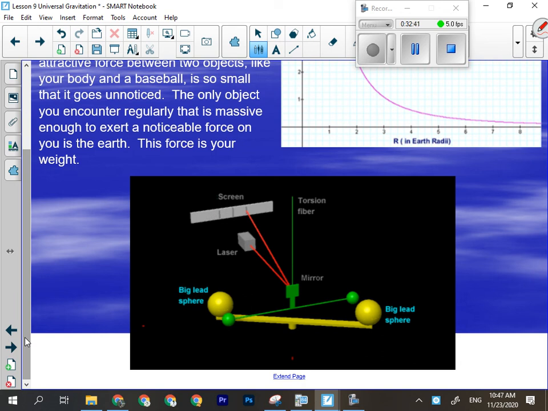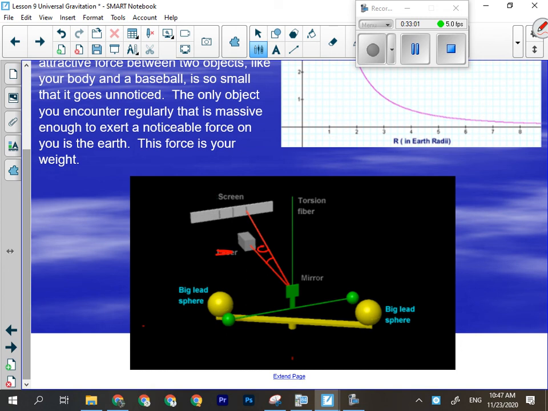Obviously he didn't have a laser, because this is the 1700s. But he took a light beam, through a hole in a piece of paper, and shot it towards a mirror that was attached to the torsion fiber. As this thing started to move, he was able to measure the angle it changed by.